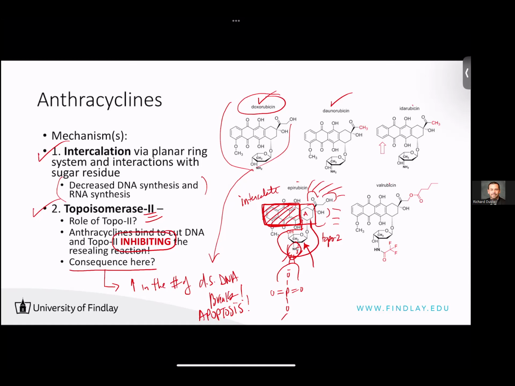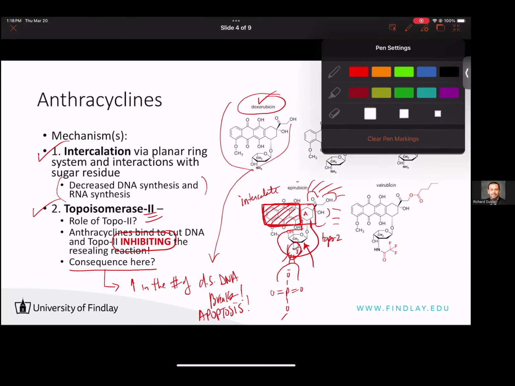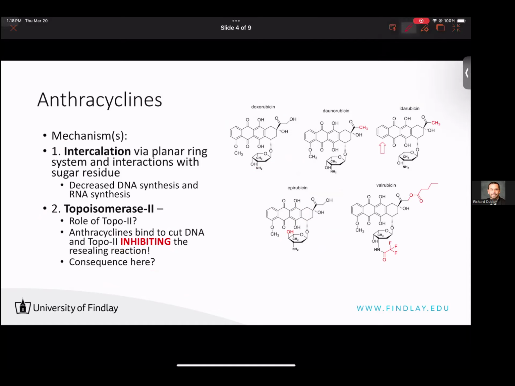I would be remiss if I did not mention that a drug like doxorubicin and all the other anthracyclines have the capacity to increase the formation of reactive oxygen species. These drugs get into the mitochondrion and they allow for some reduction reactions to occur.